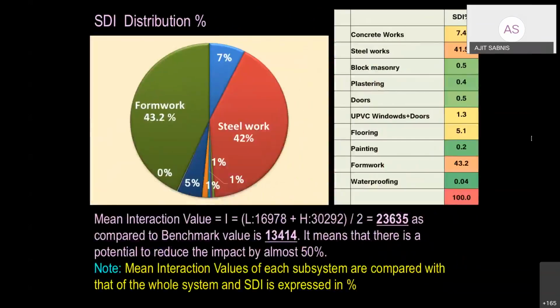And then you can see here, concrete has got only 7 to 8%. When the chart is drawn, it is rounded off to the lower round figure. So steel has got 42% and formwork also has got about 43%.